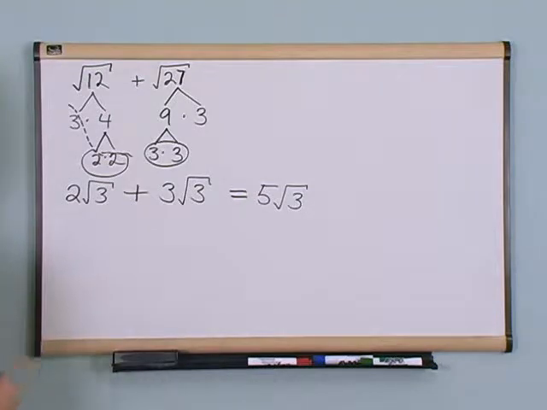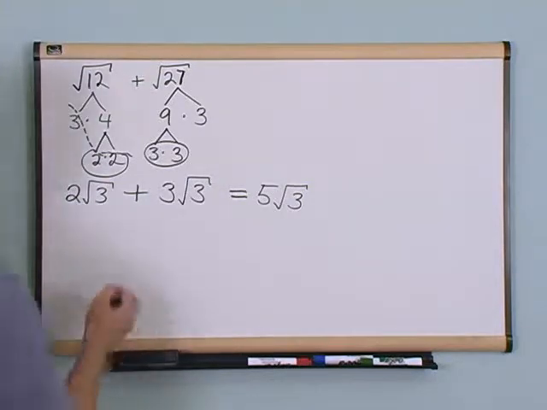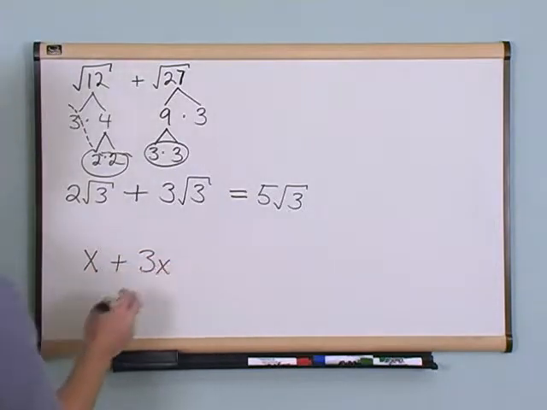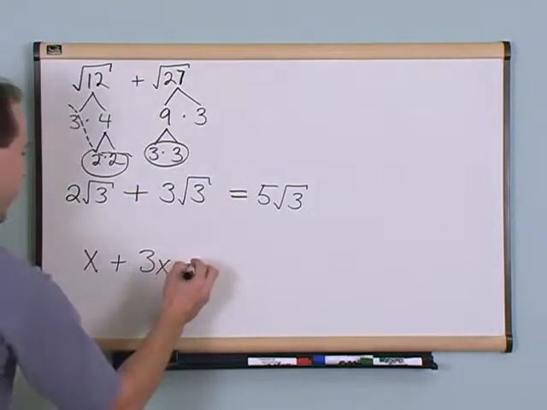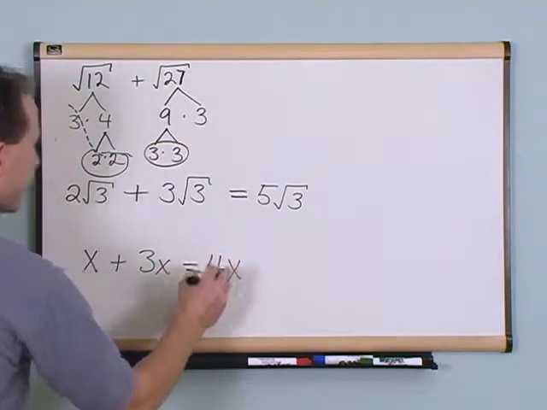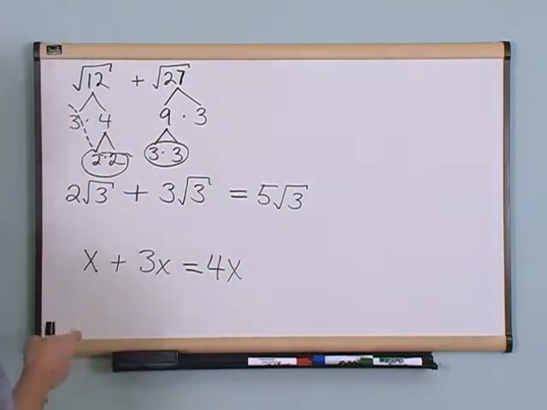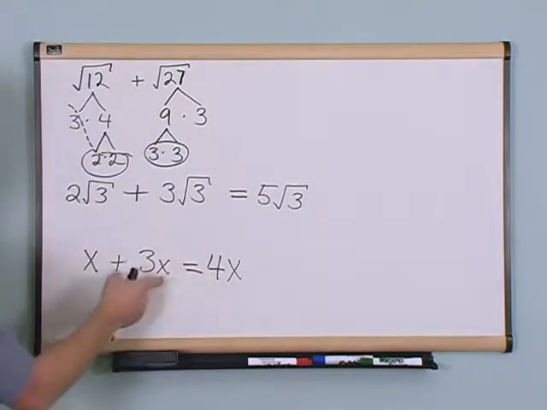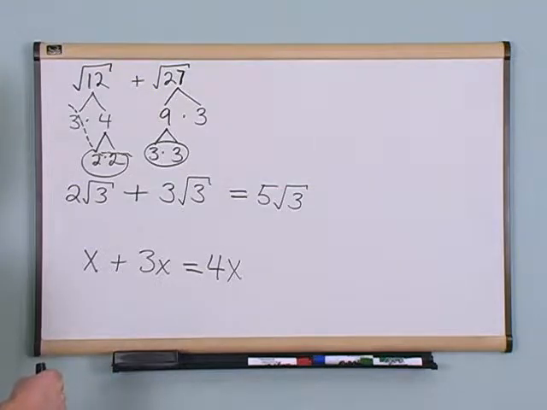If you remember back to the first DVD that I produced on algebra, when we learned how to simplify terms in an equation, if you have something like x plus 3x, what is the answer here? The answer is that this is equal to 4x. And the reason why is because here, x is just a number. It's some quantity. x can be pencils, for instance. It's easier for you to think about it in terms of pencils, if you ask me.